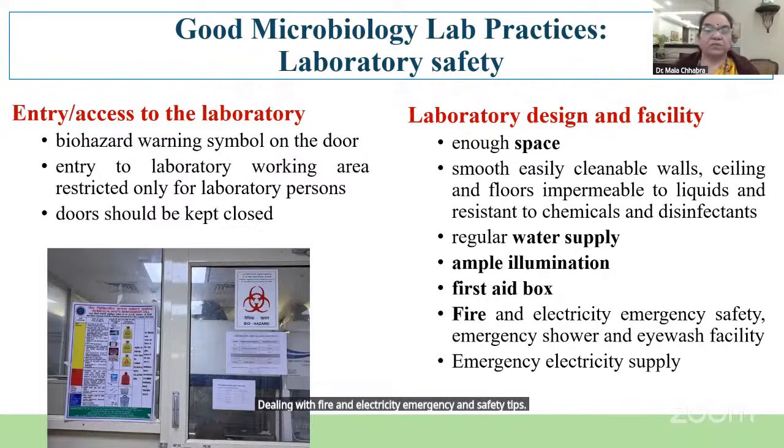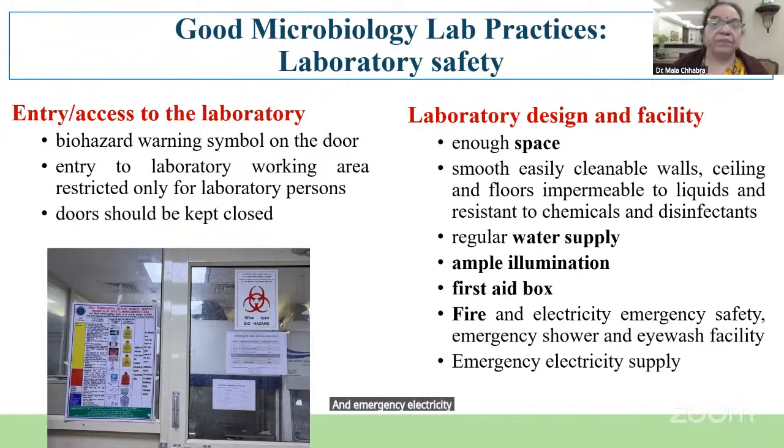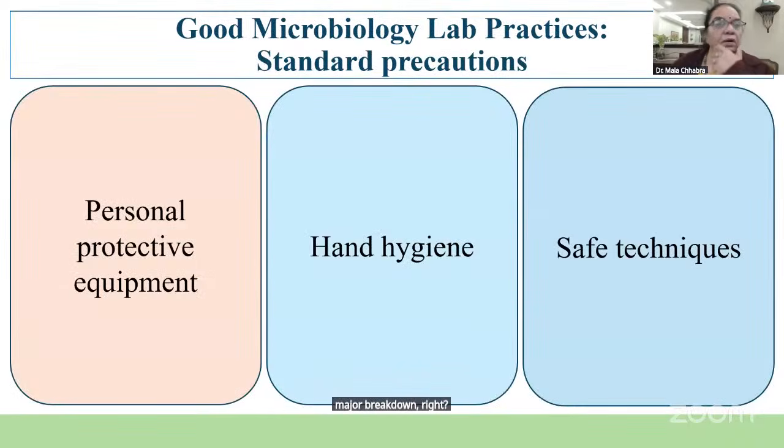There should be an emergency shower in case you spill something on yourself, an eye wash facility, and emergency electricity supply in case something happens. So you should have battery operated lights in the lab just in case there is a major breakdown. Right? Now, the standard precautions include personal protective equipment, hand hygiene, and safe techniques.